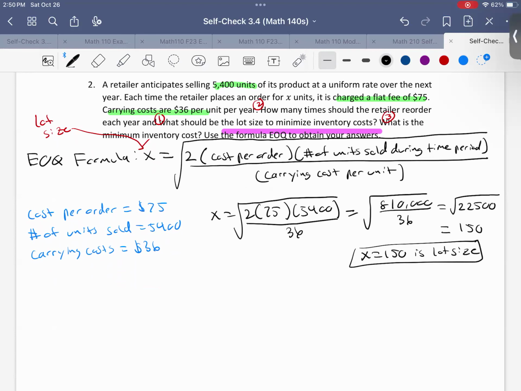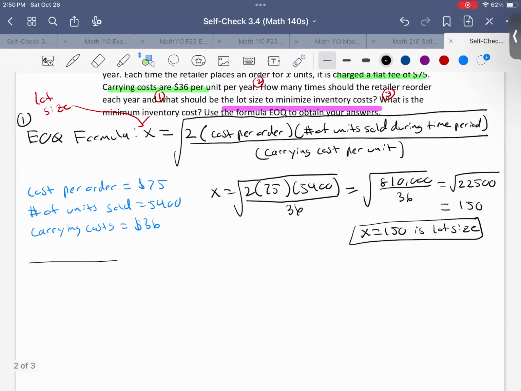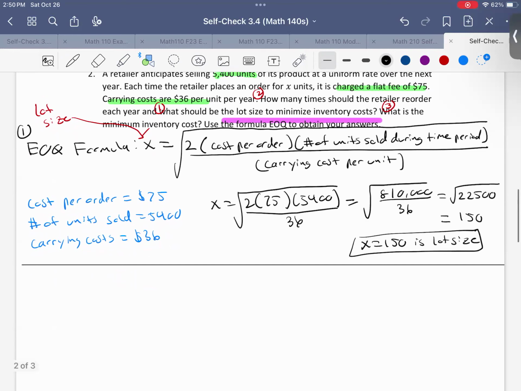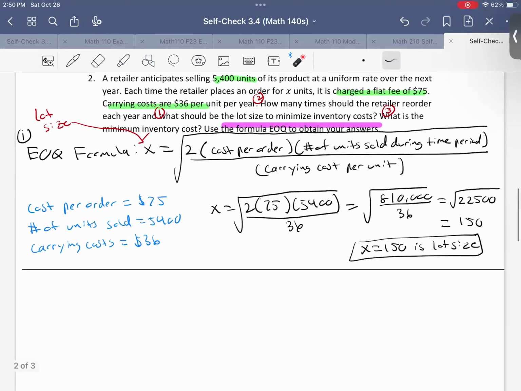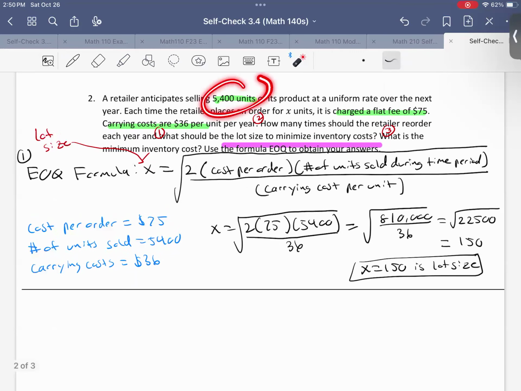Okay, great. So that answers question one, that's our lot size. So now question two is stating how many times should the retailer reorder each year? That's us cutting up our number of units by our lot size to minimize that cost.